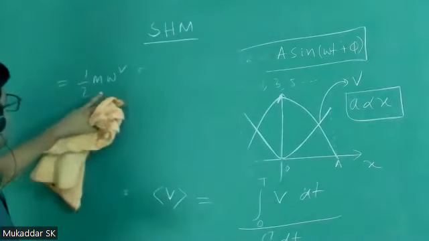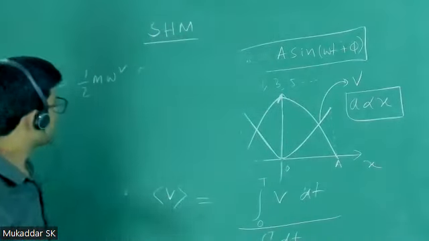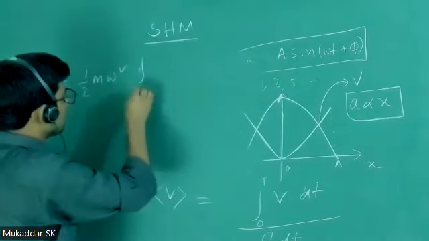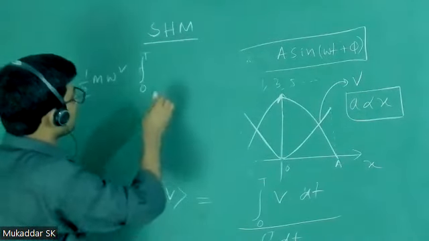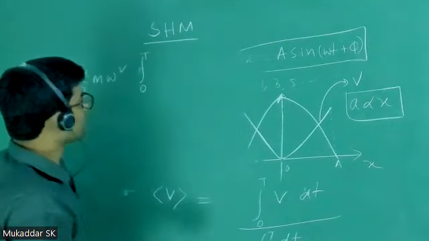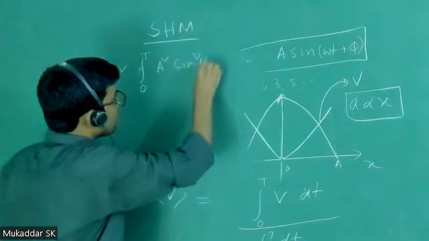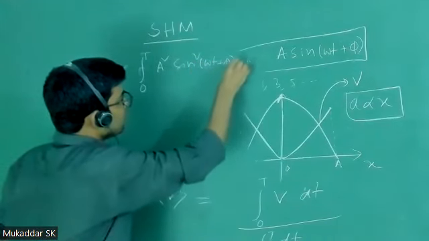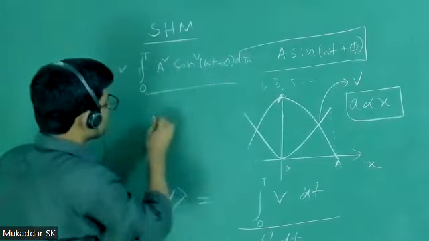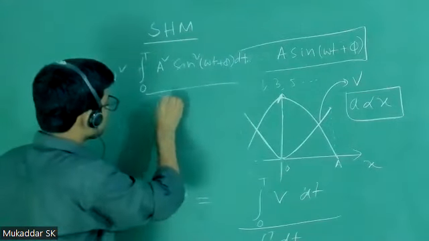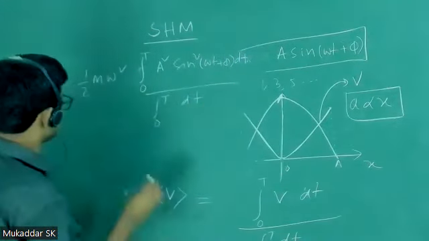So you have half m omega square, and then k square, sir. Exactly. So then you have 0 to T, and then क्या जाएगा? We'll have a square sin square omega t plus phi dt over 0 to T dt.